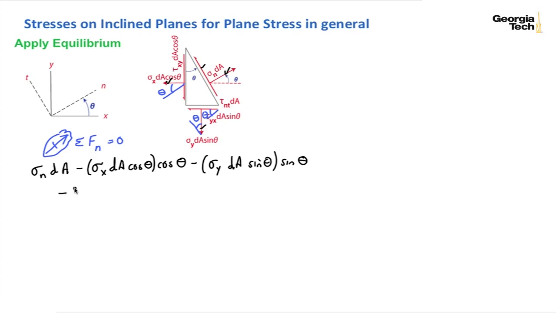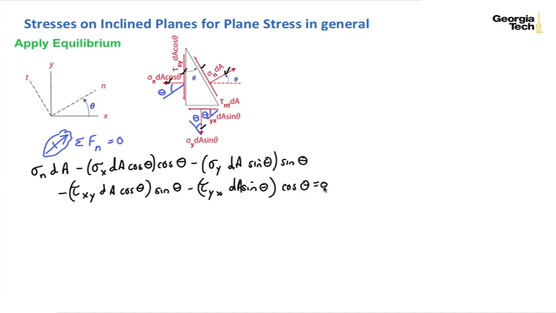So I've got minus tau xy times dA cosine theta, and it was the sine component. And then finally the last force is this shear force, and that's going to be minus tau yx dA sine theta times the cosine theta component. And that all equals 0.